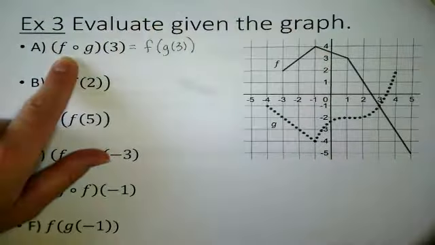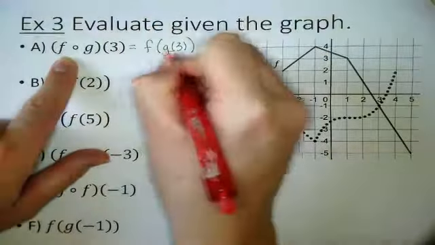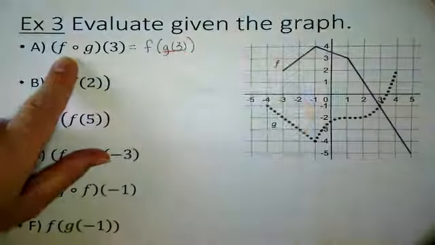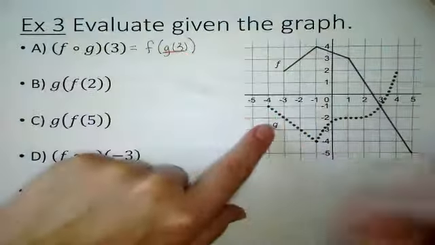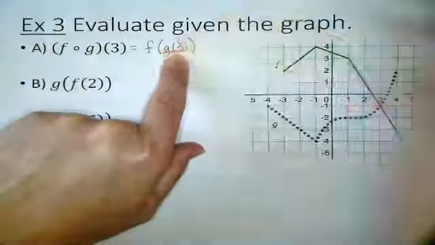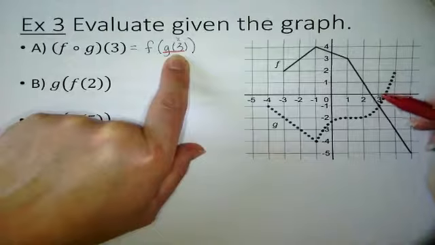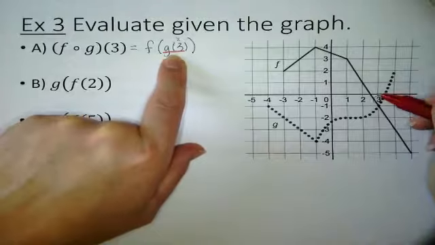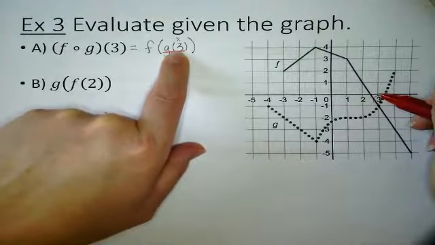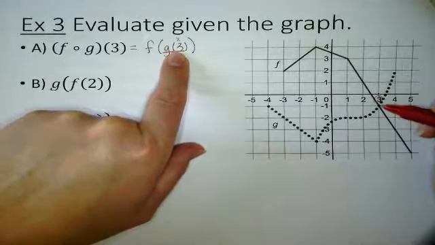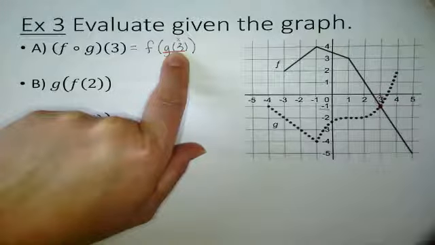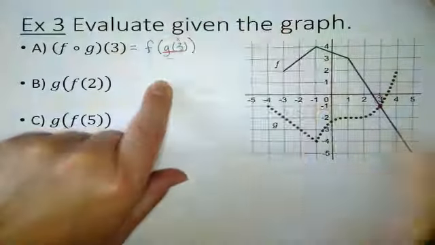And they want us to start on the inside. So I'm going to look. g of 3, go to my G graph, and that is go to where the x is 3. So here's where x is 3, and it's asking what is the function output. The x is 3. What's the output value? Well, it looks like the output value is right here at -1. So I think that's -1.